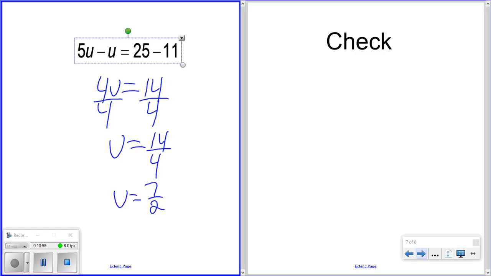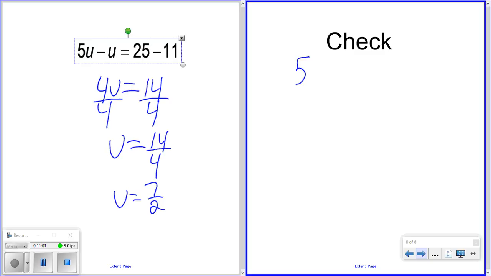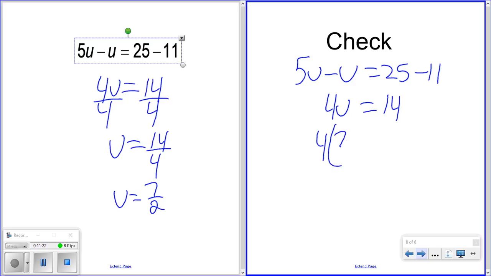All right, let's see if we can check that and see how it works. 5u minus u is equal to 25 minus 11. Okay, now we're going to do this. We'll have 5u minus u is going to be 4u is equal to 25 minus 11 is 14. Right, and then we're going to do 4, and inside parentheses 7 over 2.